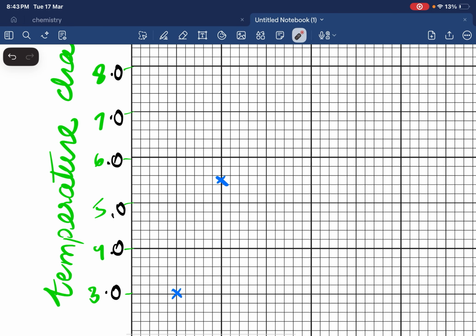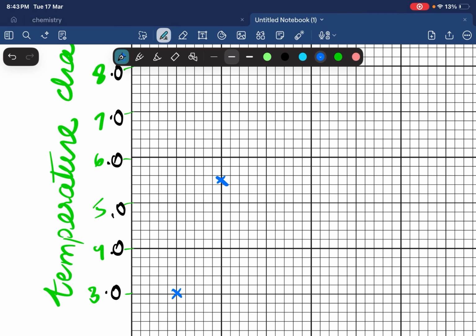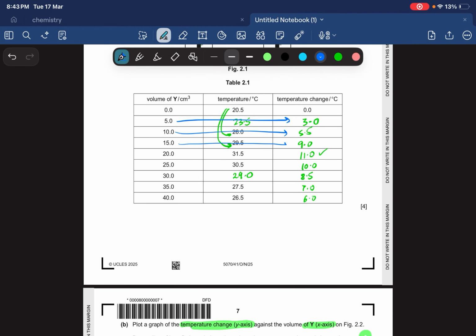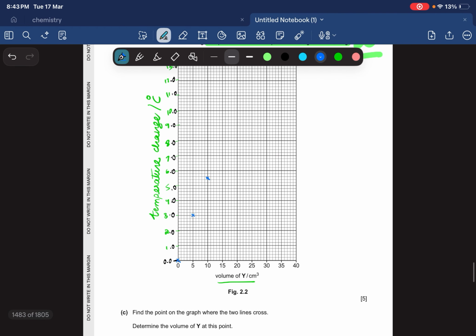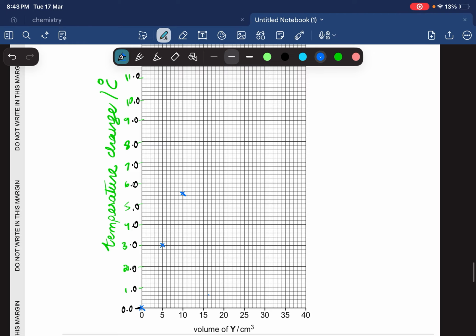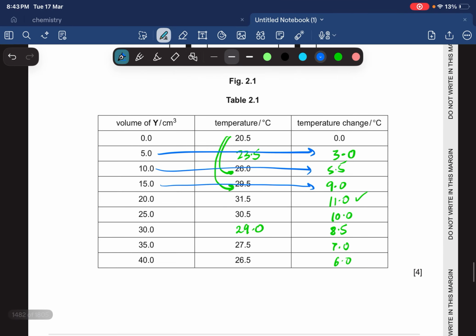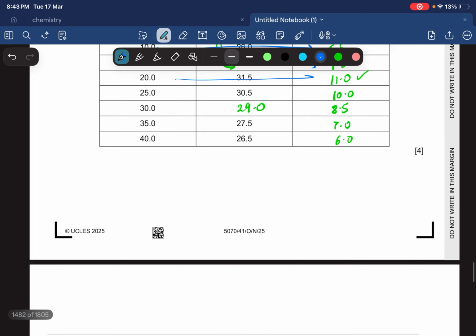No bro, he's going to see this is 5, this is 6, exactly in between is going to lie your 5.5. Examiners are very particular about graphs because they know exactly this is the place we're going to try to cheat him. At 15 it's 9. He knows you very well, so don't try to outsmart him. At 20 it's 11.